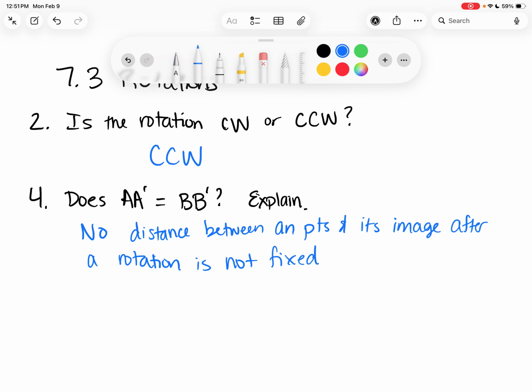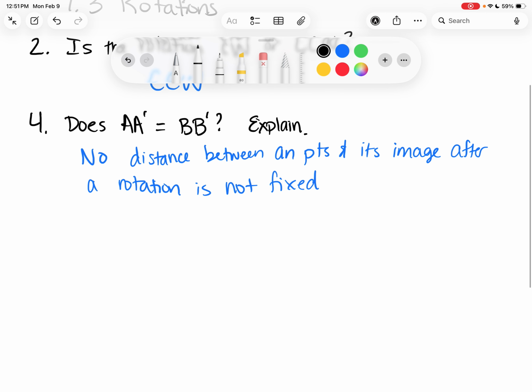All right, the next one I'm going to kind of try to draw the picture over here to the side, but it is a hexagon. Definitely not drawn to scale. Very much not drawn to scale, but that's okay.